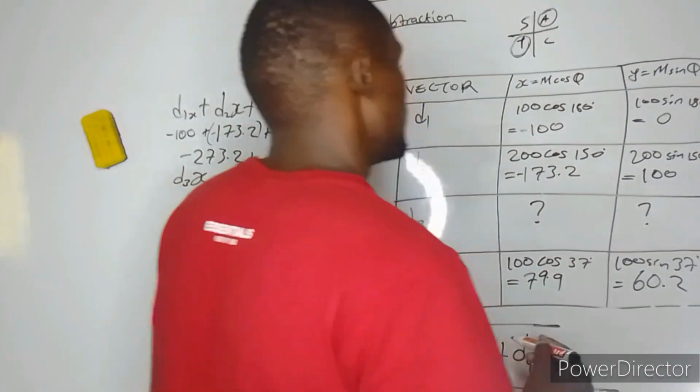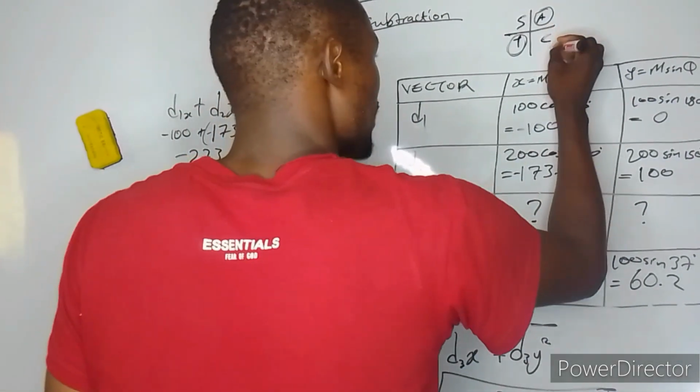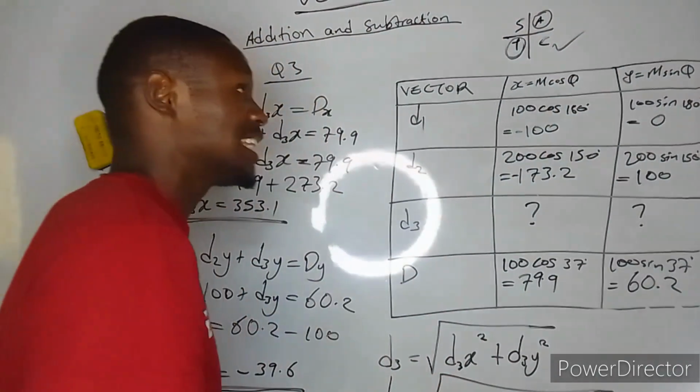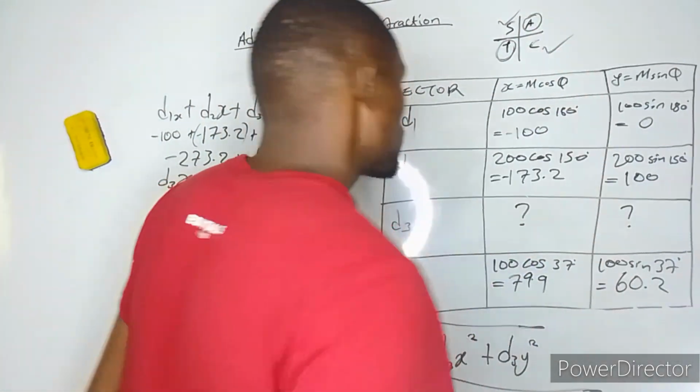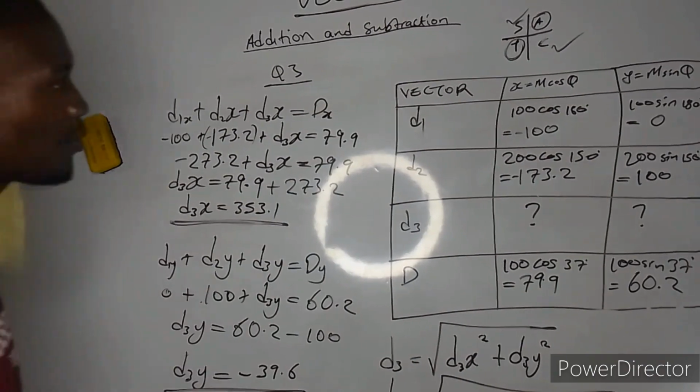Therefore, we suspect our answer to fall in the quadrant where tan is negative, and this other quadrant where tan is negative.